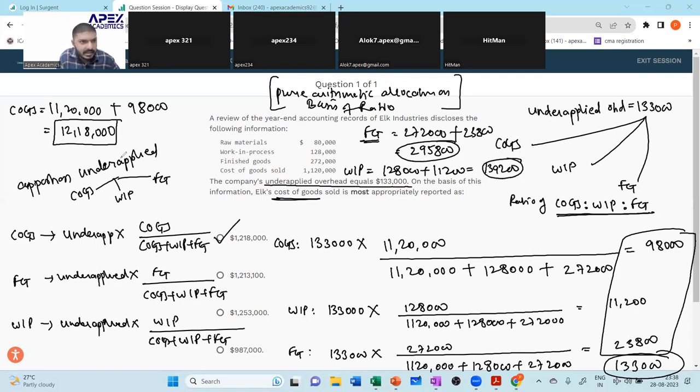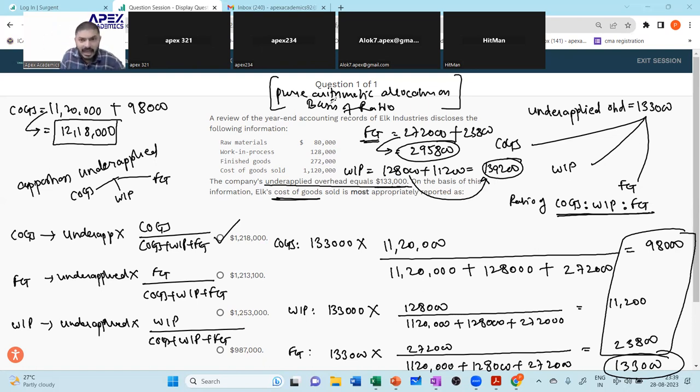So as you can see, these increased from 1120 to 1218, from 272 to 295, and from 128 to 139,200 overall. And this under application of 133 was thus allocated, making the others more than what they were.